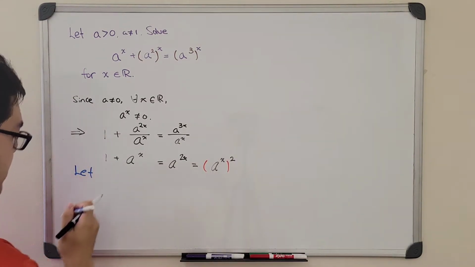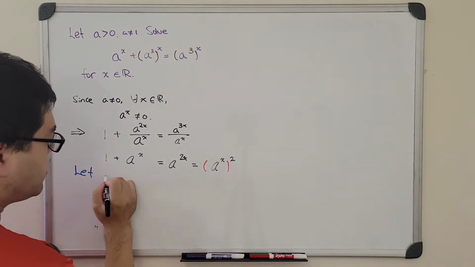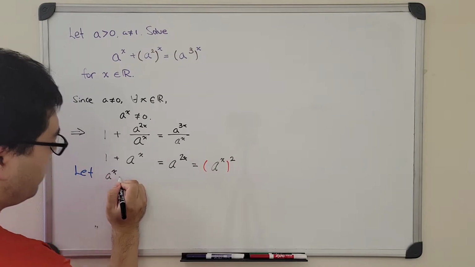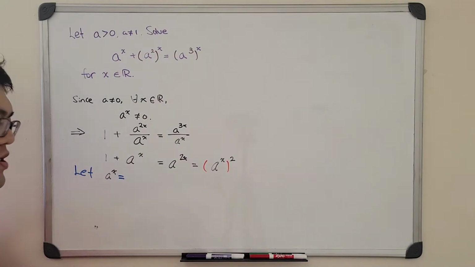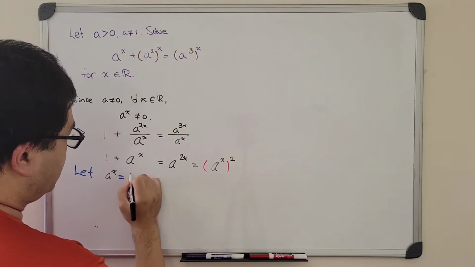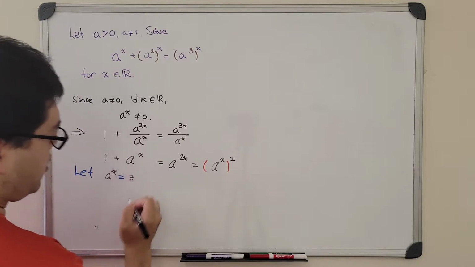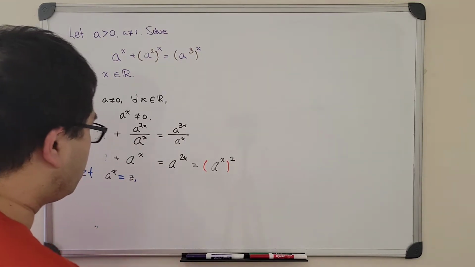Let our term here, a to the x power, be some new variable. Let's call it z here. Okay. Then we now do the substitution.